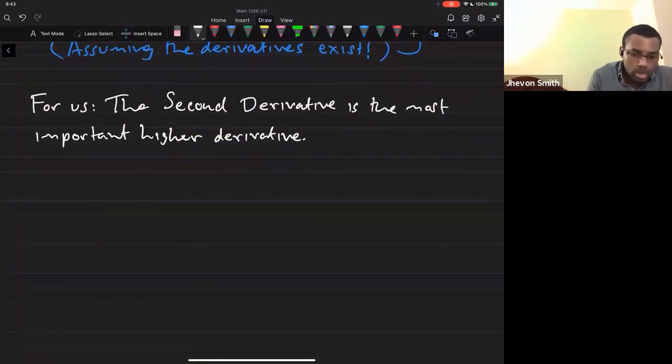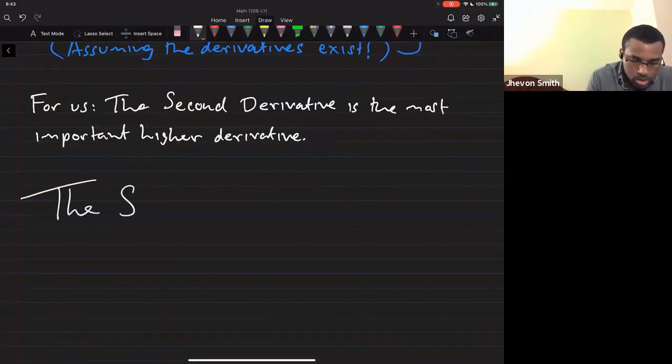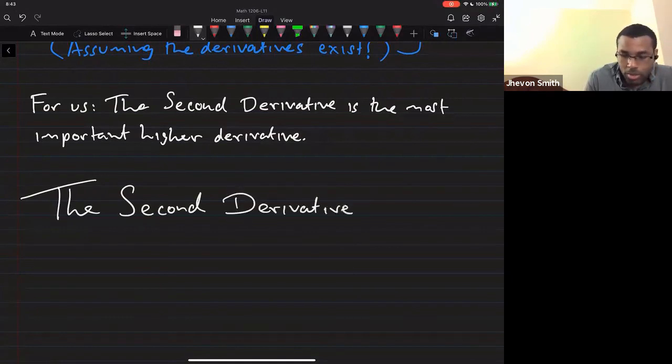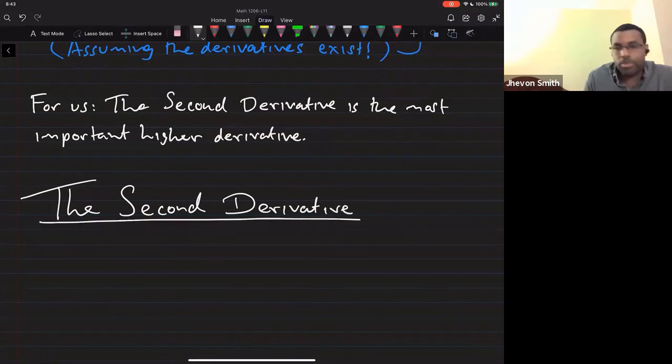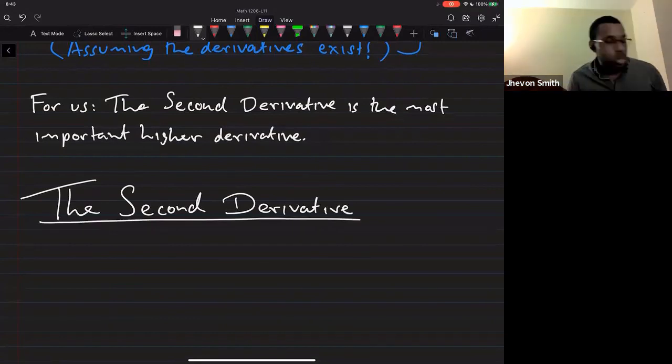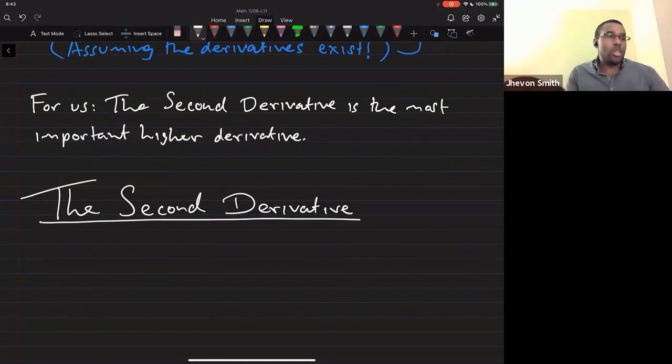Let's focus on the second derivative now. We know a lot about the first derivative. We've spent a while on it. We know how to calculate it in various forms. We know its definition. We know how to use it implicitly, explicitly. So let's have the second derivative have its 15 minutes.